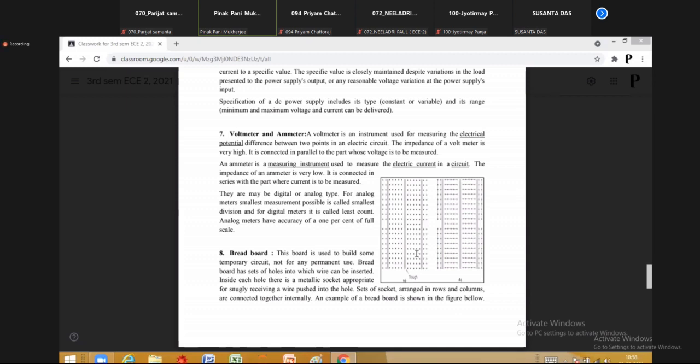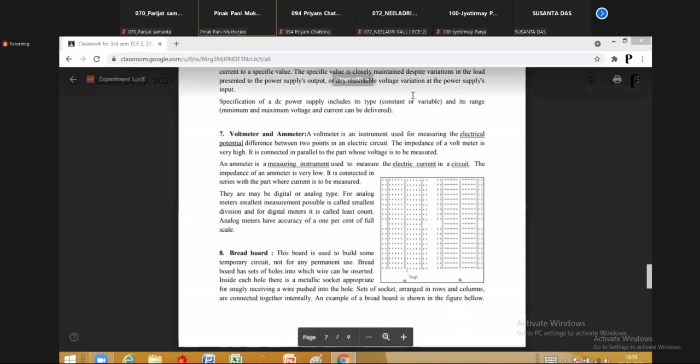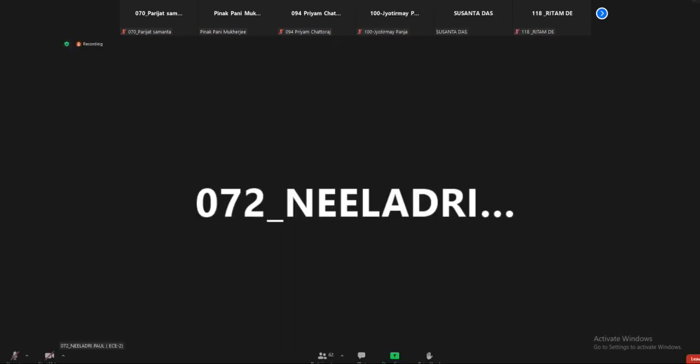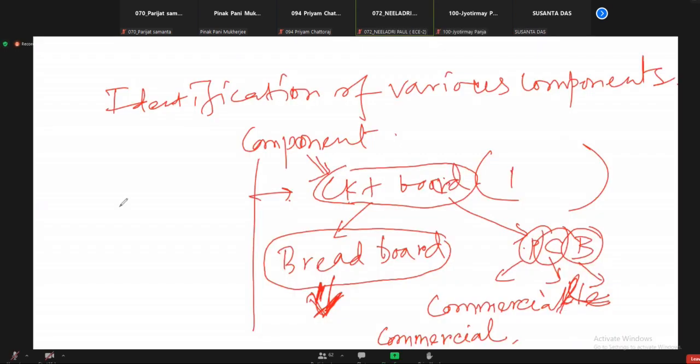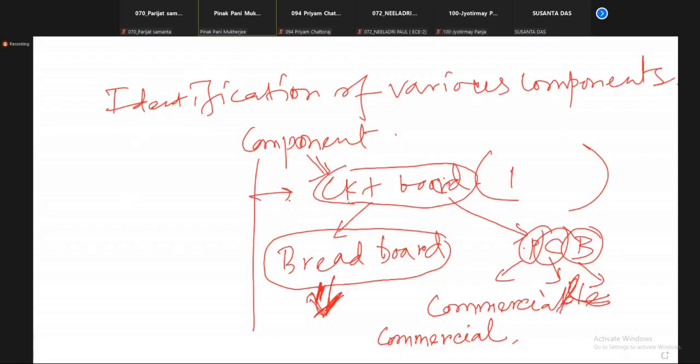And most of the commercial instruments actually use this PCB. So is it okay? Can I move further? Yes. So any question from anyone?